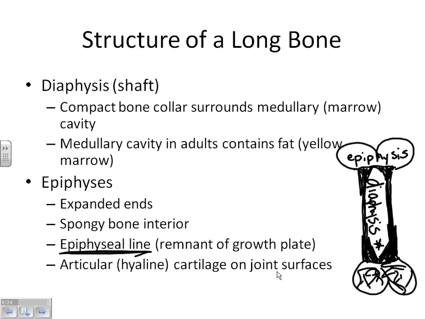Okay. So let's see if we can predict why. What's the function of compact, dense bone? Strength. Okay. What part of this bone do I need to be stronger? The long, thin region or the big fat end of it? Long, thin part, right? Otherwise, when I was walking around, my poor femur is carrying so much weight, if the center of my femur was spongy bone, it would just crack from under the pressure.